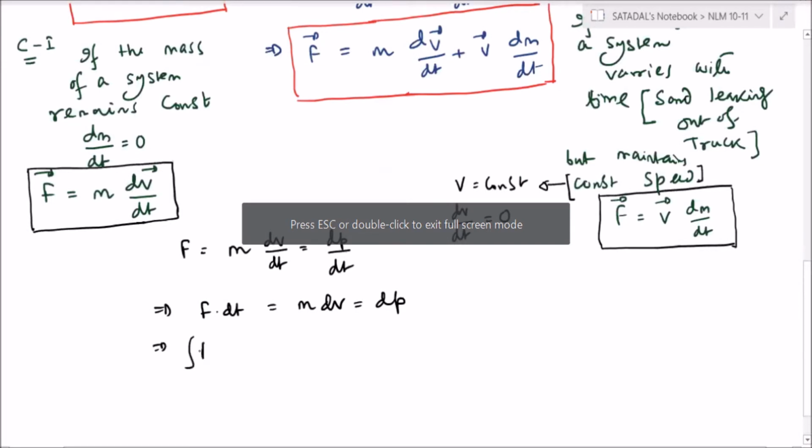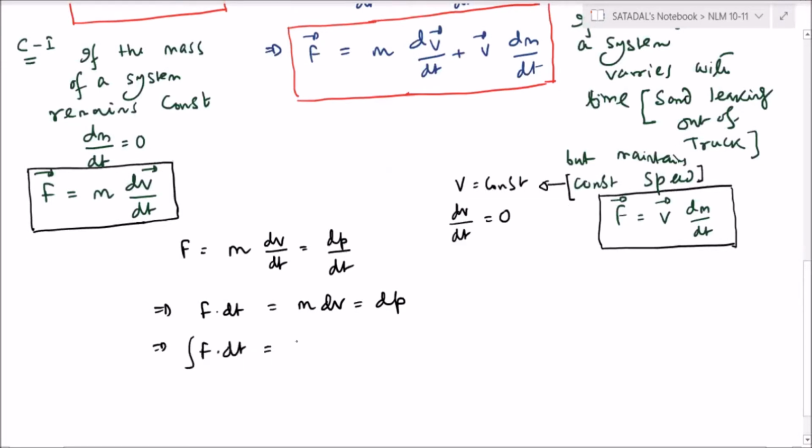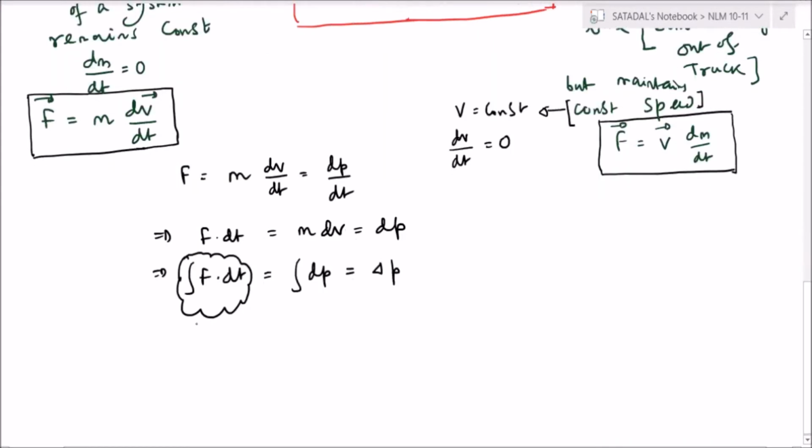So integration of F dt is equal to integration of dp, which is equal to delta p. Remember this quantity here on the left side, integration of F dt, this is called impulse. Impulse of a force. So impulse of a force is numerically equal to what? Change in momentum. Correct?